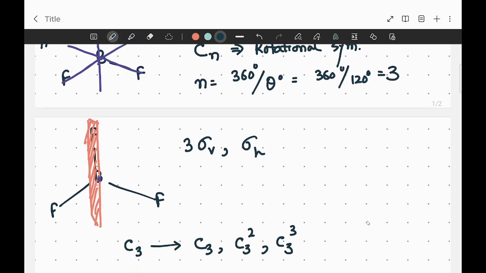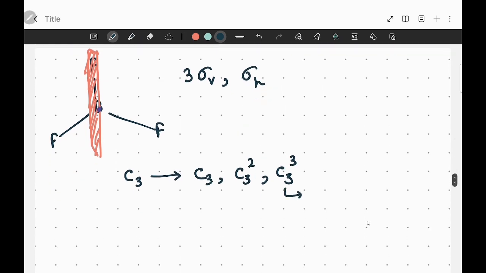Again you give the 120 degree rotation, you will have the same molecule. So it is C3 cubed, and eventually C3 cubed is E. What is E? E is the identity element, 360 degree rotation. It is called the identity operation or identity element. It is an element of the group, that's why it is the identity element.